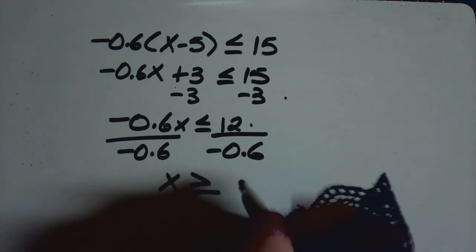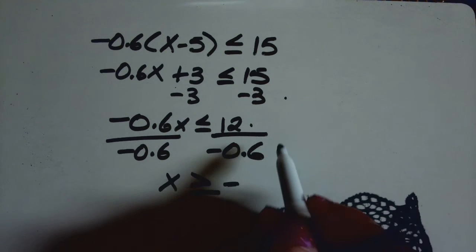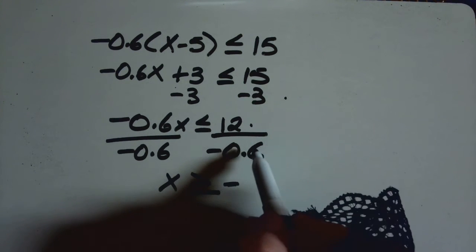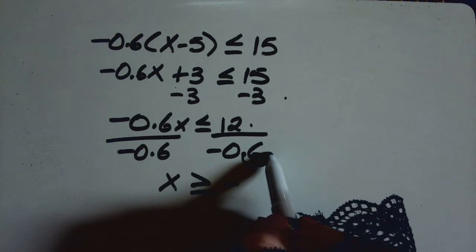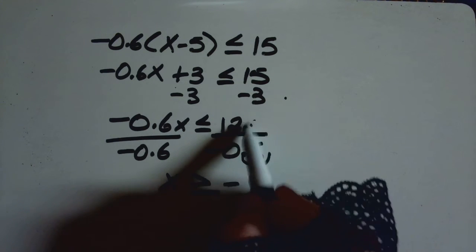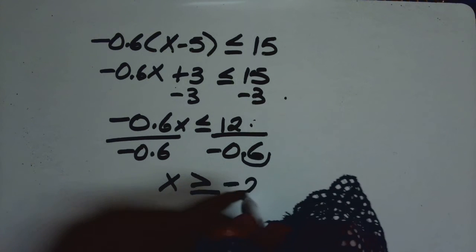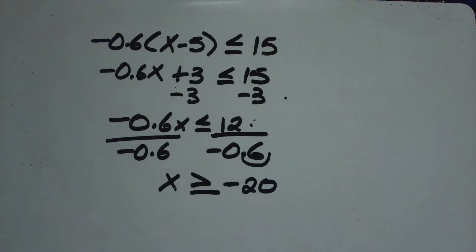So a positive divided by a negative is going to be a negative. And we can think about this. If I were to move this here, that means I'm multiplying by 10. So you could think about it as 6 divided into 120. But like I said, you can use your calculator. So x is greater than or equal to negative 20.